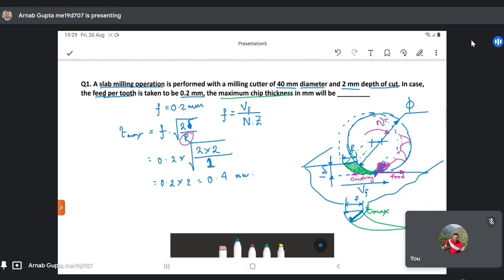Okay, so if you are asked to calculate the MRR for this particular question, then you would have been provided with two more details. One is the feed velocity, that is Vf. So if you had to calculate MRR, it would be the width of the cut, that is into the plane, the width of the milling cutter, say that is W, into the δ, which is the depth of cut, into feed velocity Vf.